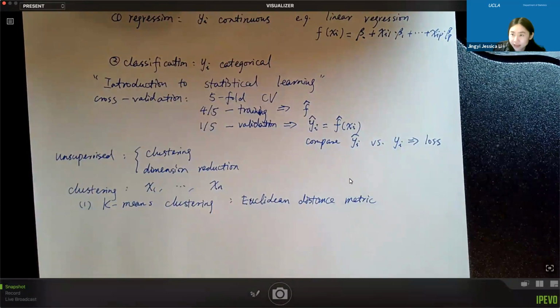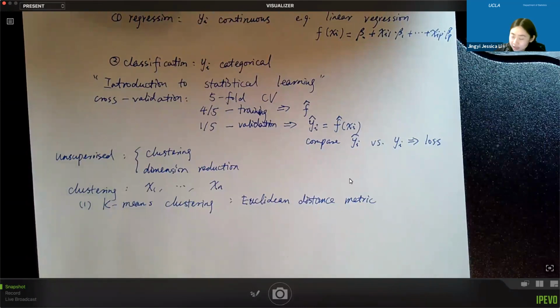In our real life, we have a 3-dimensional space, right? That's our world. If you want to measure the distance between two points, you take the difference between the two points in every dimension, square that difference in every dimension, take the sum of the squares, and then take the square root.